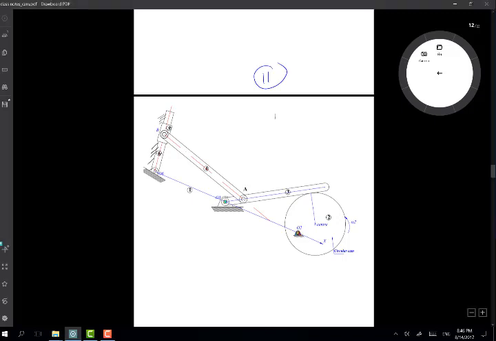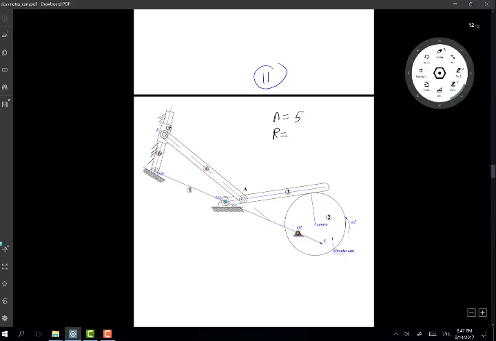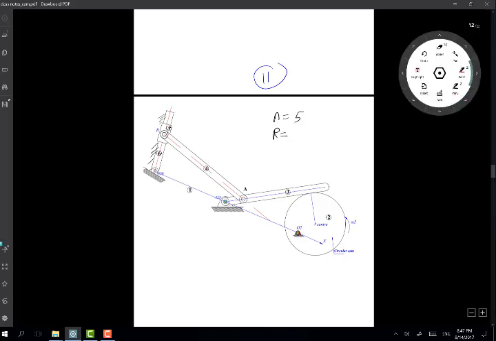In this case, n, which was 6 before, is going to be only 5, because now link number 6 is the ground, and my revolute joints have been reduced by 1 because this here is not a revolute joint anymore. That's all one link. So I have now 5.